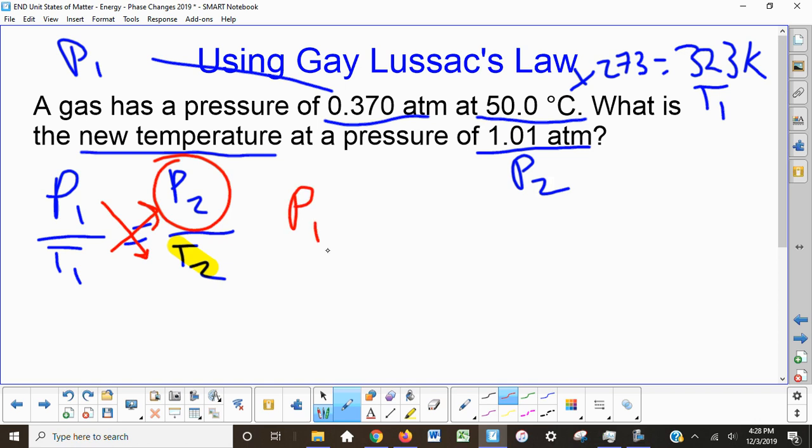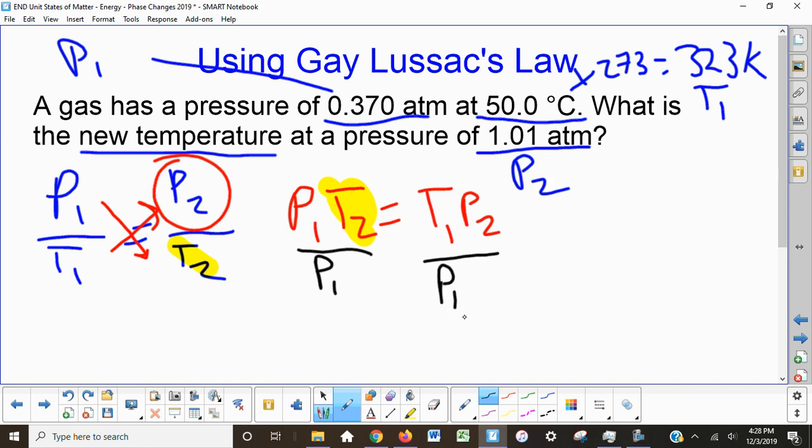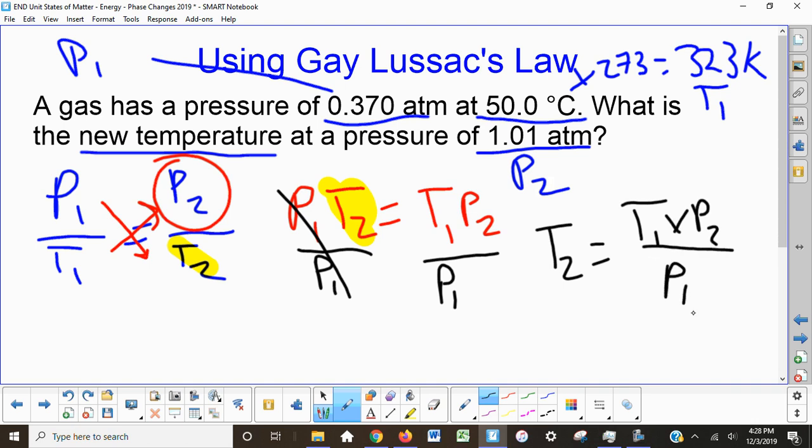So I'm going to rewrite it as P1 times T2 is equal to T1 times P2. And then I still want to solve for T2, so I'm going to move my P1 to the other side. I'm going to divide both sides by P1. It will cancel on this side. So rearranged, T2 is going to be T1 times P2 over P1. That's the equation rearranged.